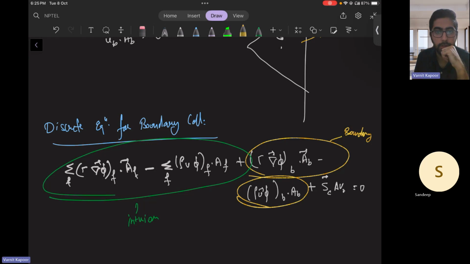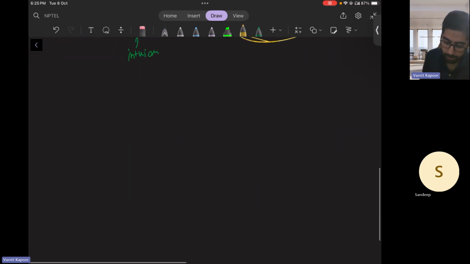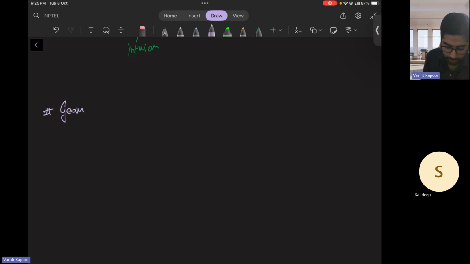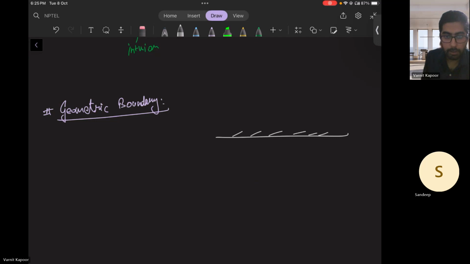Any other doubts? Next is the scenario where the geometric boundary condition is happening. In detail, everything has been discussed in the lecture videos. A geometric boundary is a kind of boundary like this. You have flow, and this is the area vector of that face.